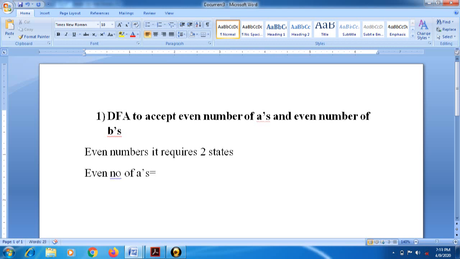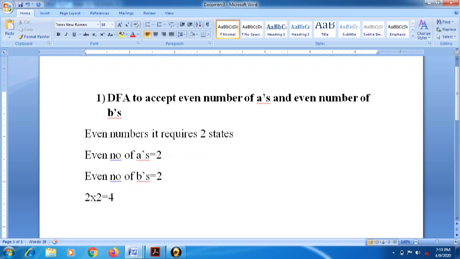It requires two states, and an even number of B's, it again contains two states. So the total number of states is nothing but 4. 2 into 2 is equal to 4. So there is a combination of two states with the other two states, that is 4. So we will consider EA.